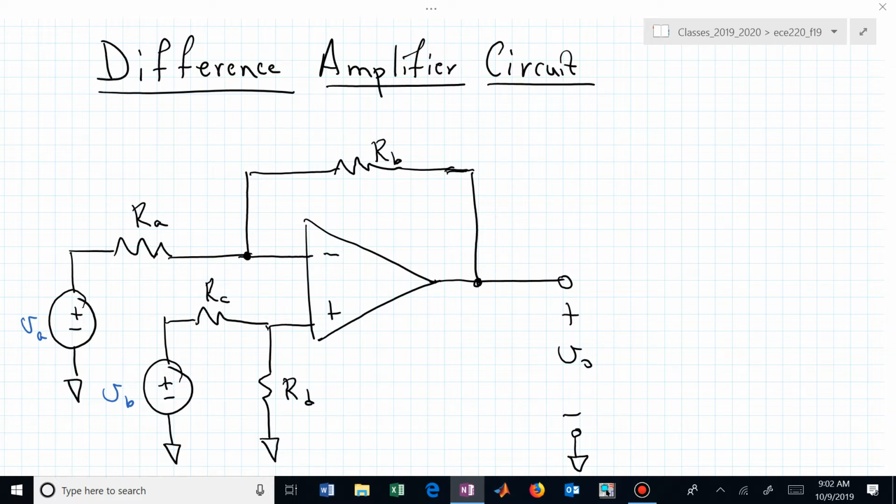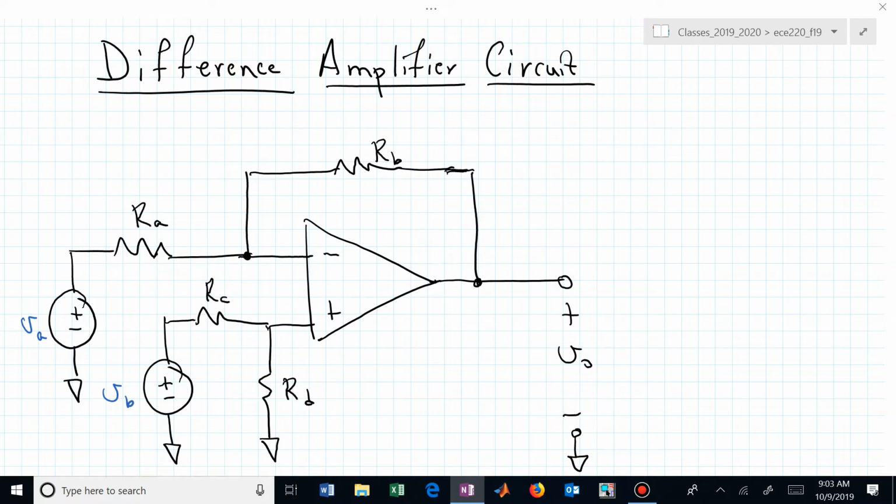We do have a feedback connection, and note how these have been relabeled. Now instead of R sub S and R sub F, we have A, B, C, and D. We have R sub A and R sub B in the inverting piece of the circuit, and R sub C and R sub D in the non-inverting piece of that circuit.